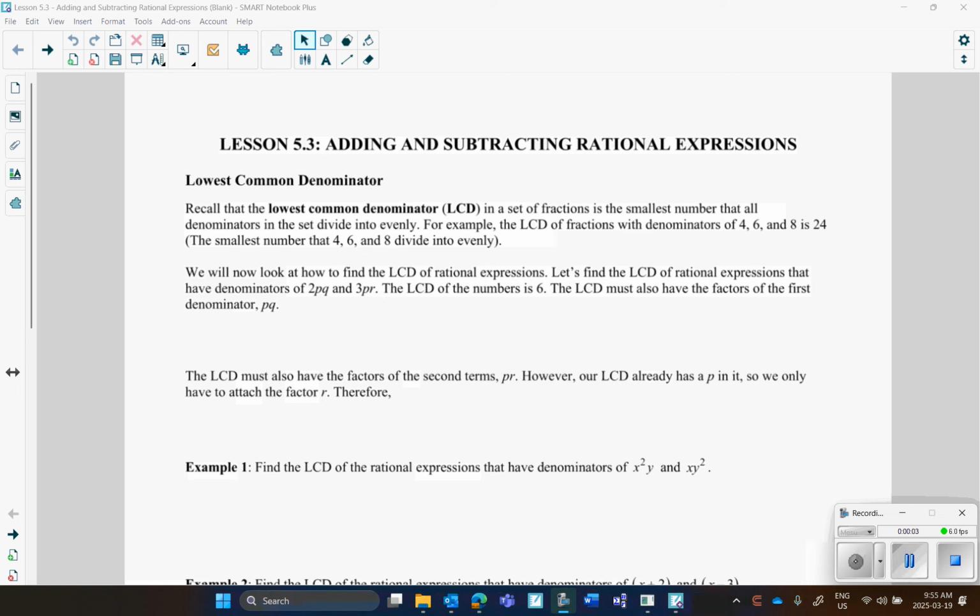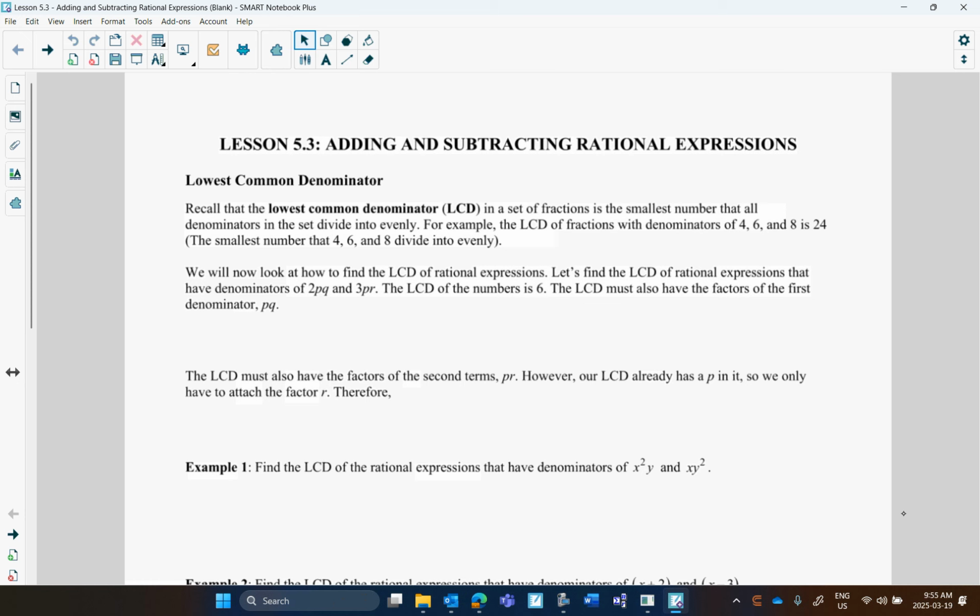So let's talk about the final two operations involving rational expressions, how to add and subtract, which is basically the same as adding and subtracting numerical fractions, except we're dealing with variables in the numerator and/or denominators.